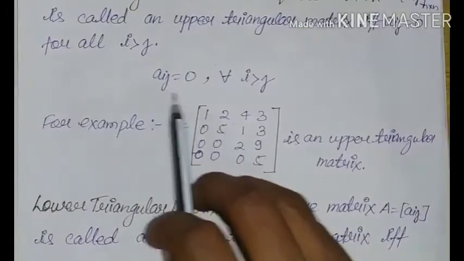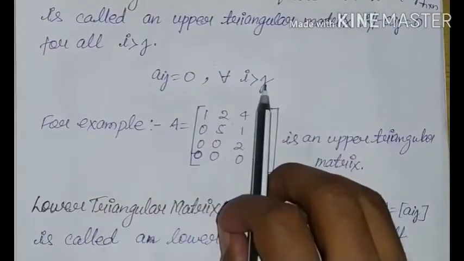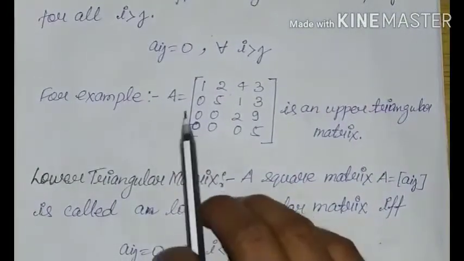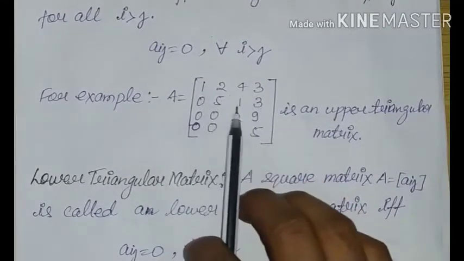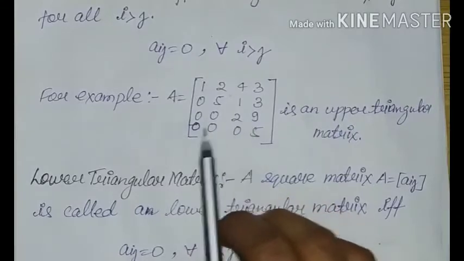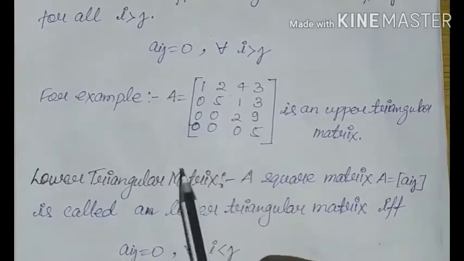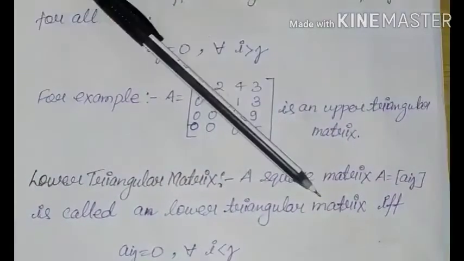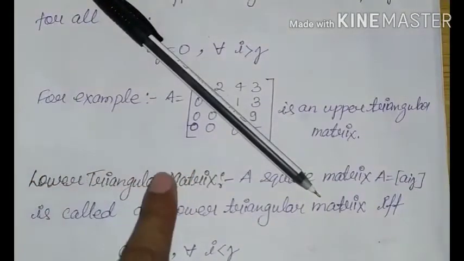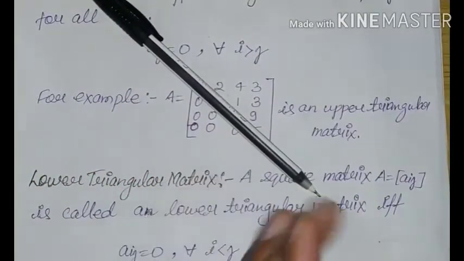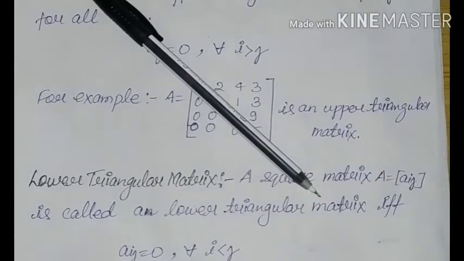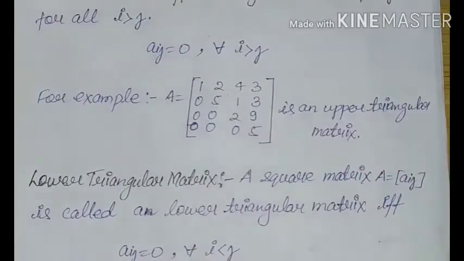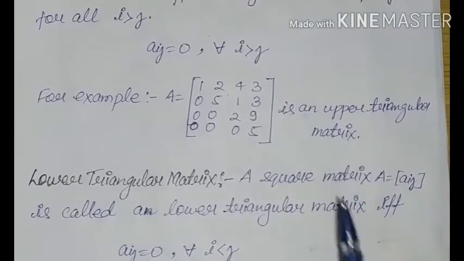For example, A equals 1, 2, 3, 1; 2, 4, 3, 0; 5, 1, 3, 0; 0, 2, 9, 0; 0, 0, 5. Below the diagonal, all elements should be 0, and above the diagonal, elements need not be 0. Then this is an example of an upper triangular matrix.